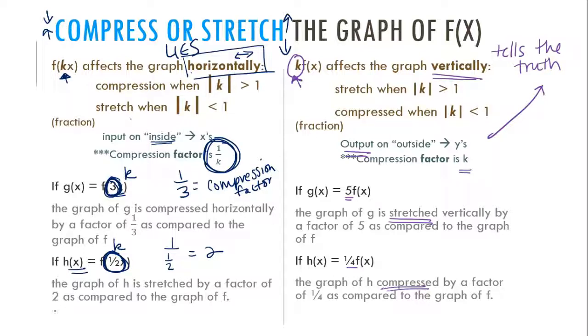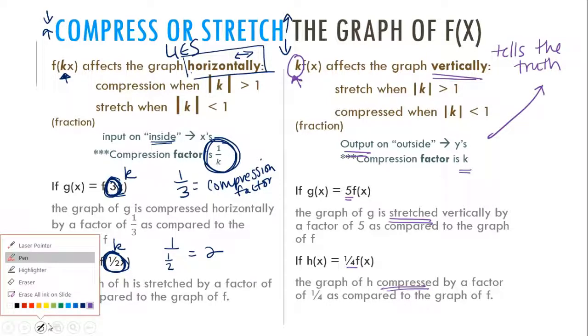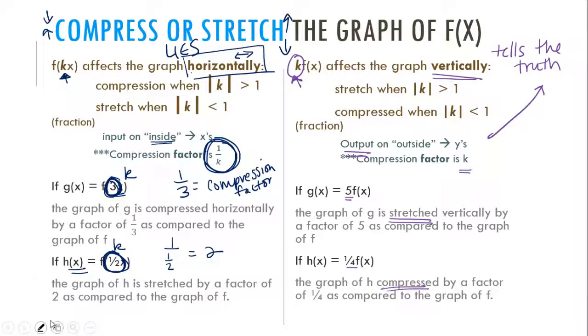Now notice the difference between our horizontal and vertical pieces here. Notice that when my k value is greater than 1, when I have a horizontal situation, I'm compressing. When I have a vertical, I'm stretching. They're opposites of one another. When my value of k is less than 1, when I'm dealing with a horizontal situation, I'm stretching.